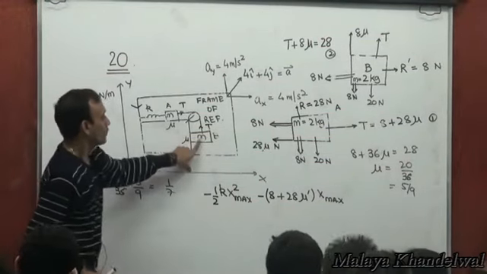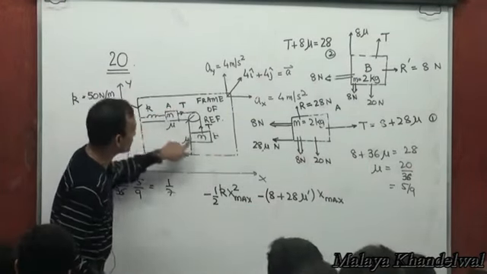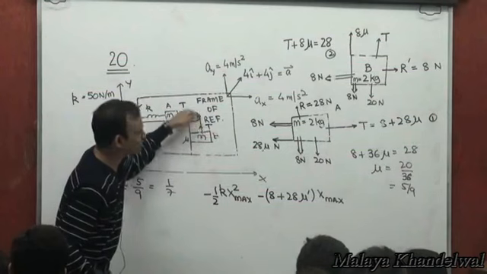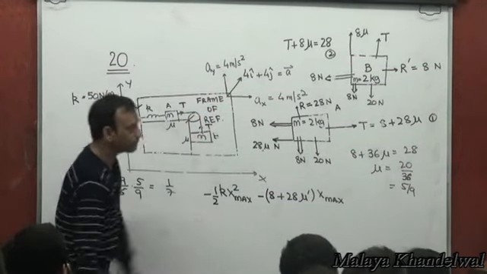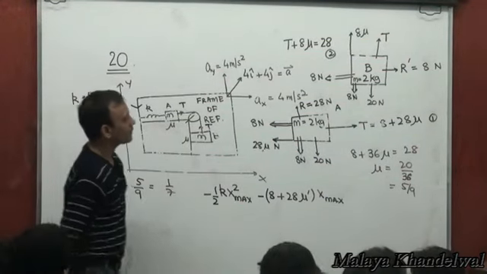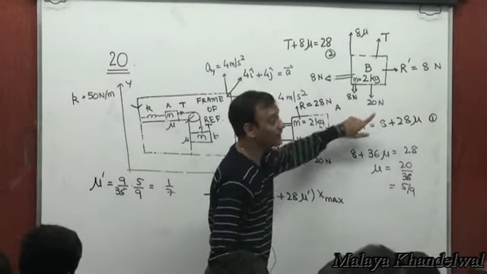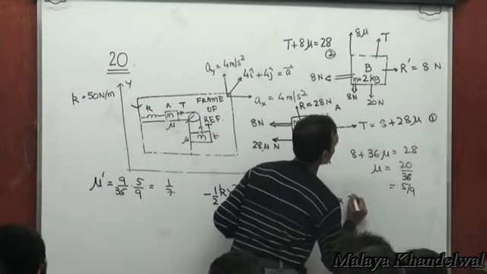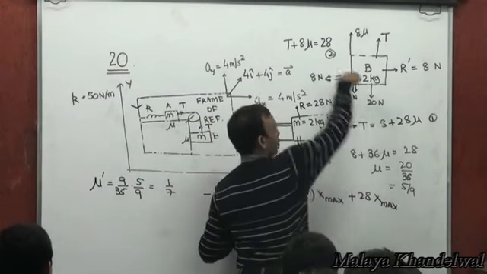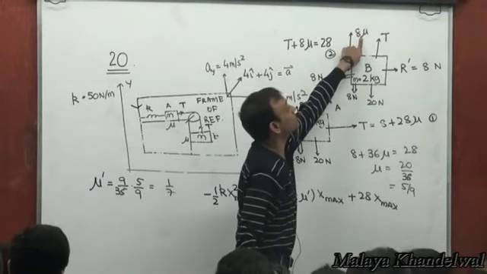And then on this mass end, if this has moved x max to the right with respect to this point, then this must have moved x max downwards with respect to this point, because this string length is constant anyway, right? So for this mass m, we have 8 plus 20, which is 28, into x max as the work done by gravity plus pseudo force, and then there is negative work done by this friction.